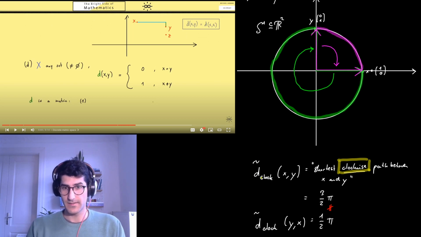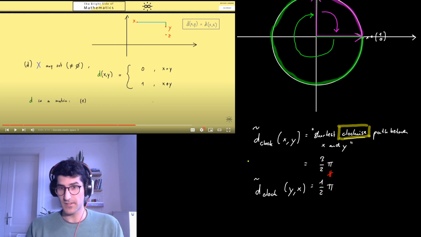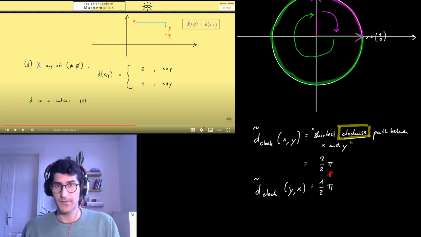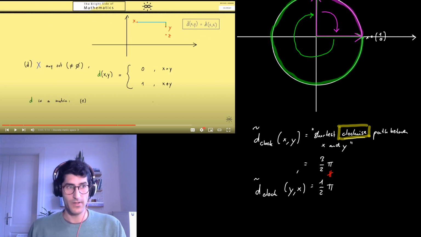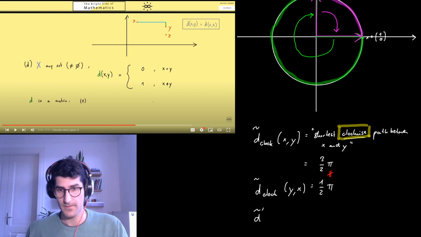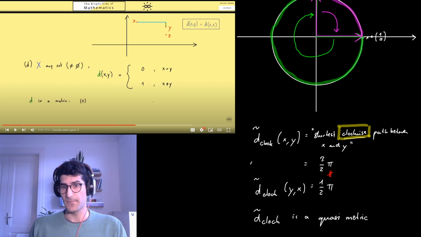So this d-clock tilde is not a metric because it's not symmetric. But still, things like this occur, and we have another name for this. We call this a quasi-metric. It's not a metric, but it's a quasi-metric.